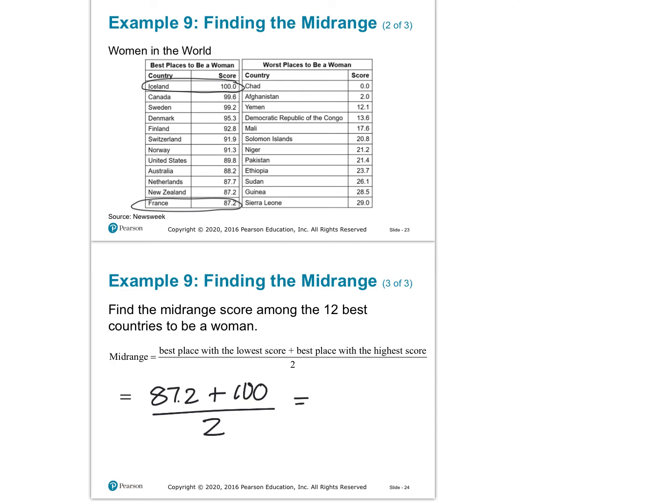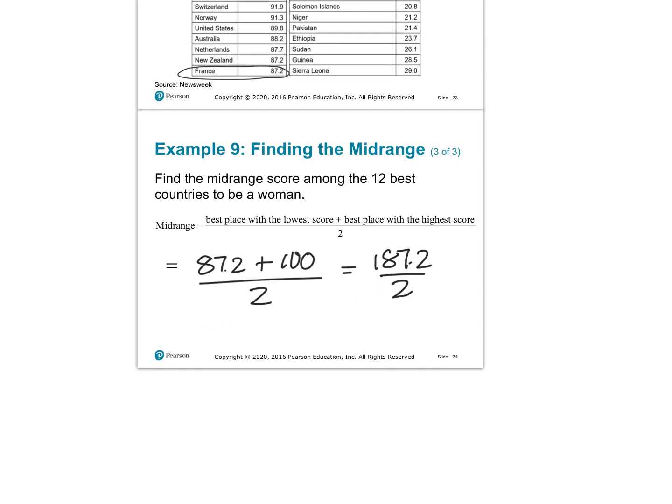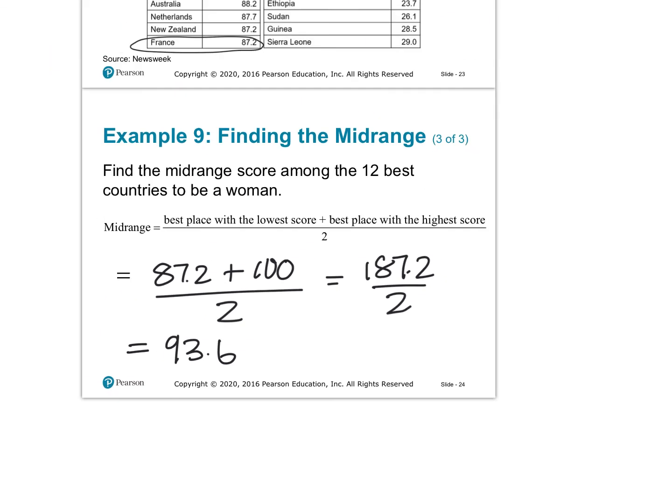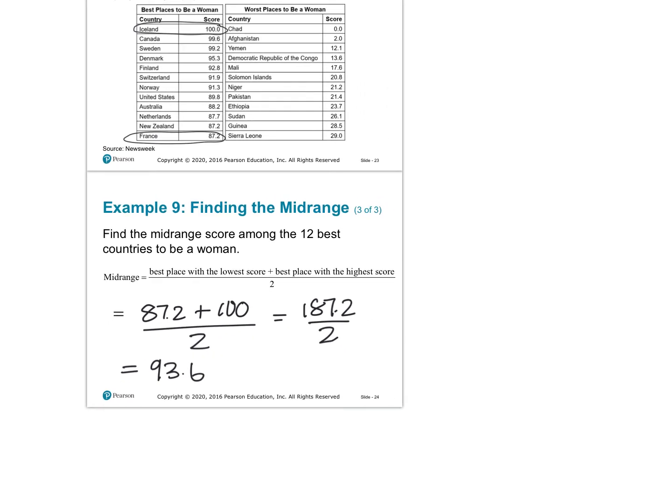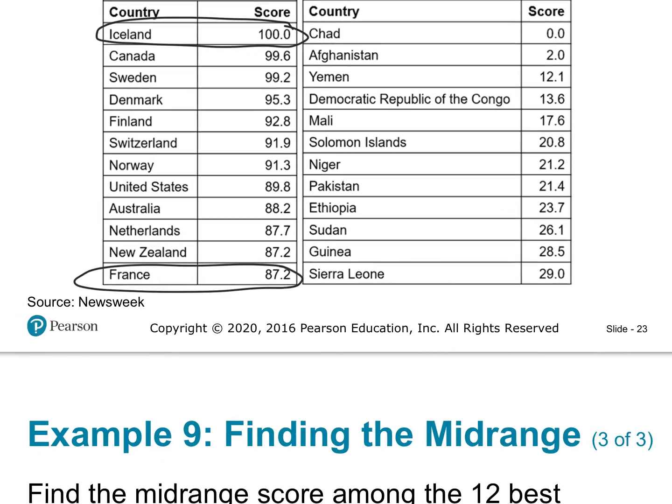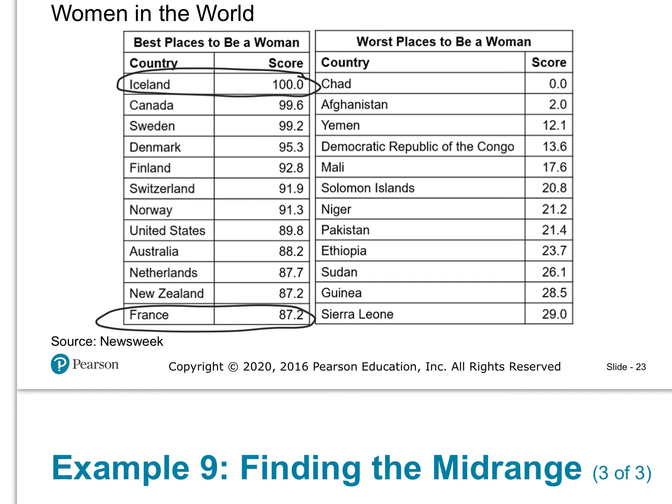Adding those together, we get 187.2 divided by 2, which gives us 93.6. So that would be your mid-range score, 93.6, which kind of makes sense because, about midway through, these values are close to that range.